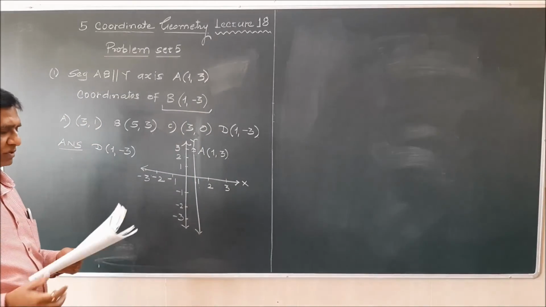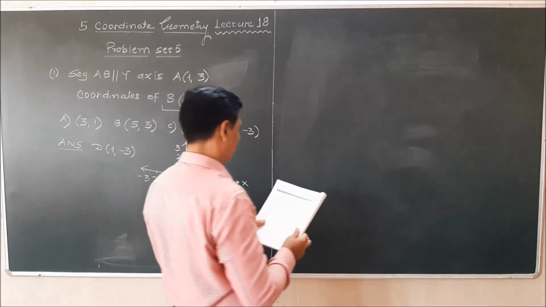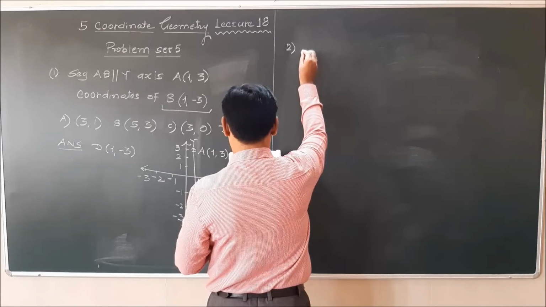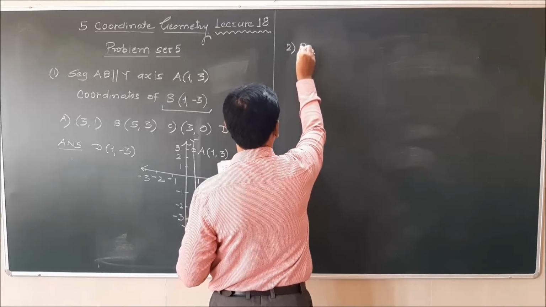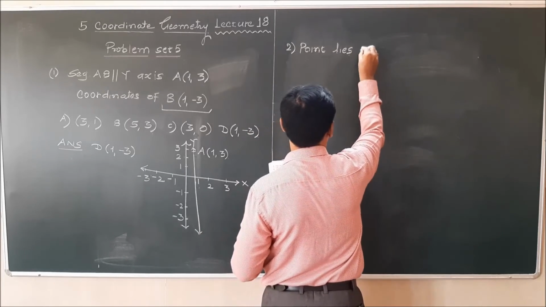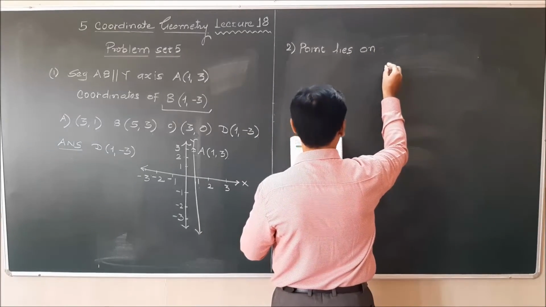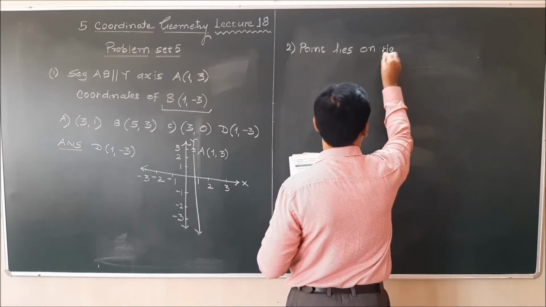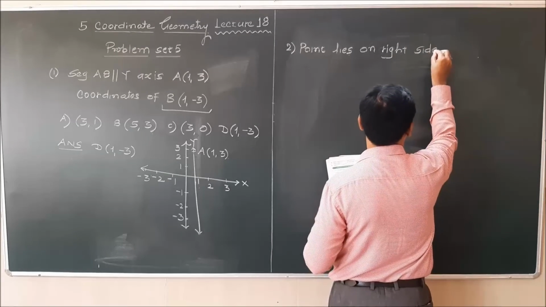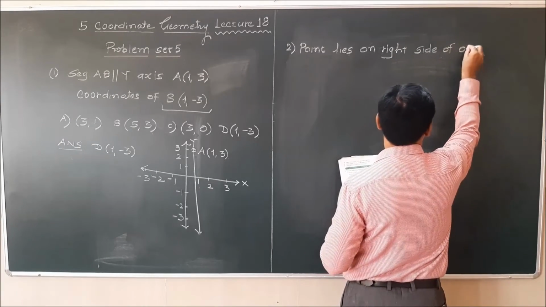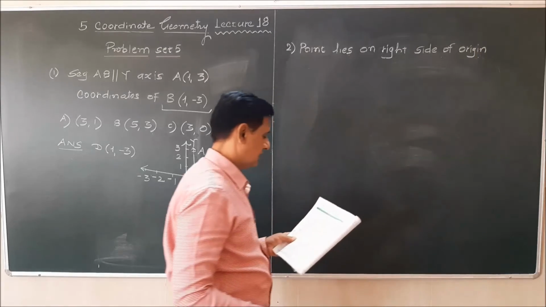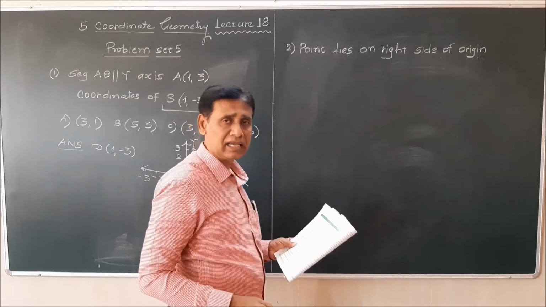Now let's do the next question. Out of the following points, the point that lies on the right side of the origin on the x-axis.